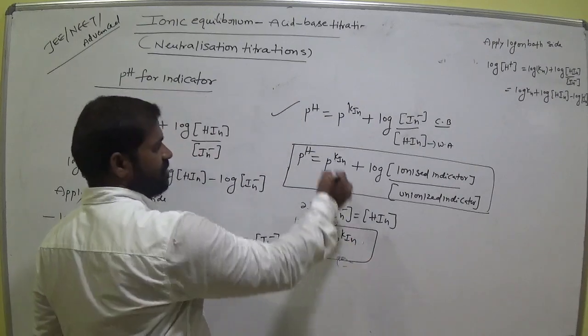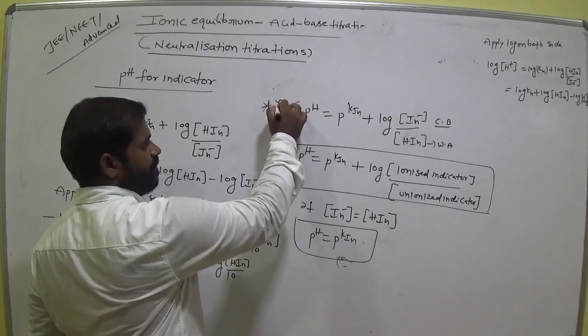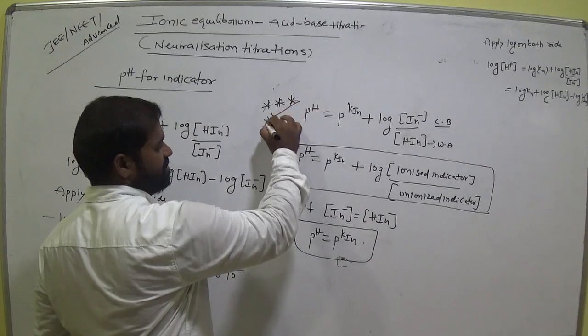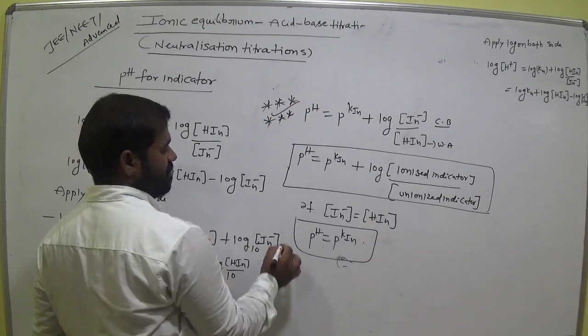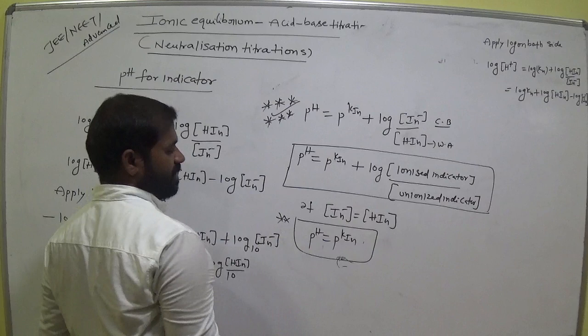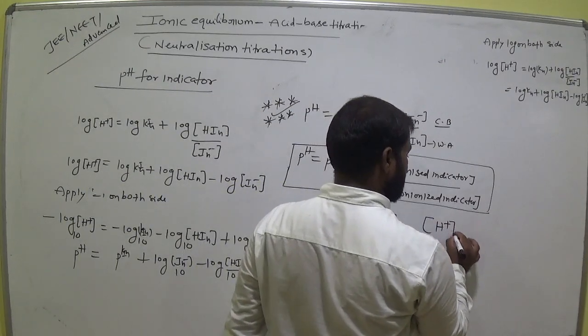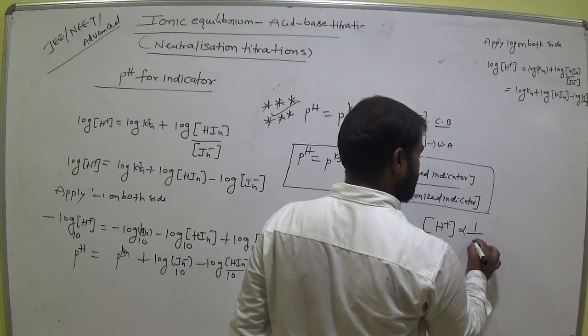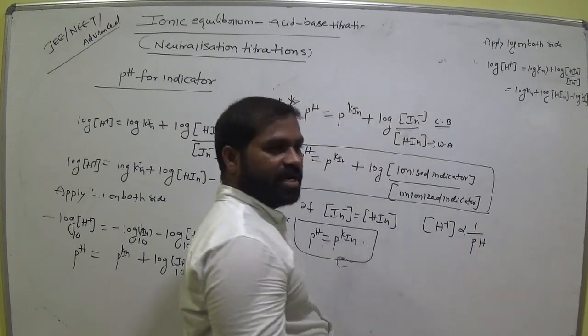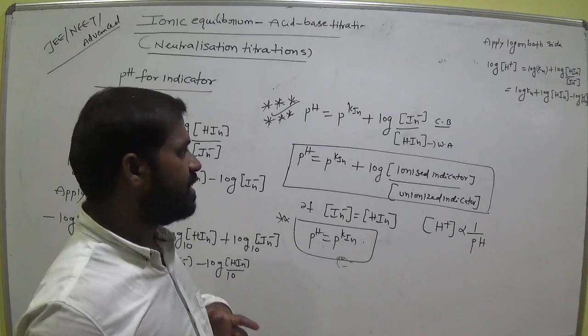Okay. So this is important for calculation purposes. Okay. So we have the relation that H plus ion concentration is inversely proportional to pH. That means more H plus gives less pH. Okay. Is it clear?